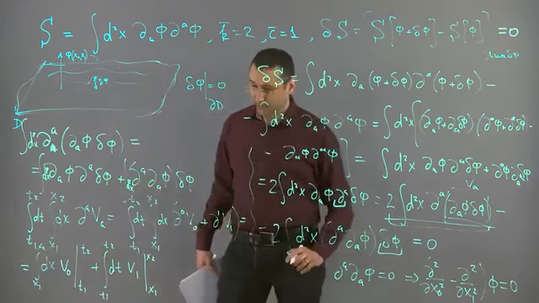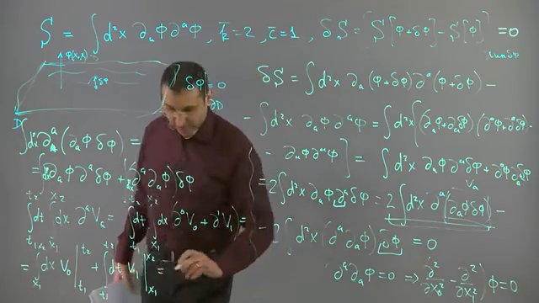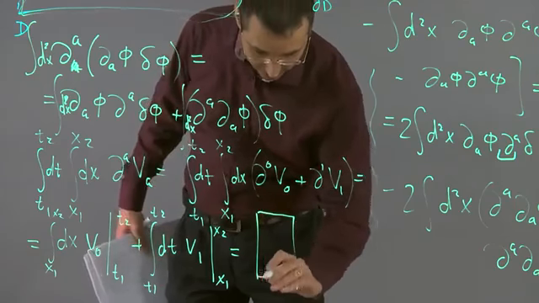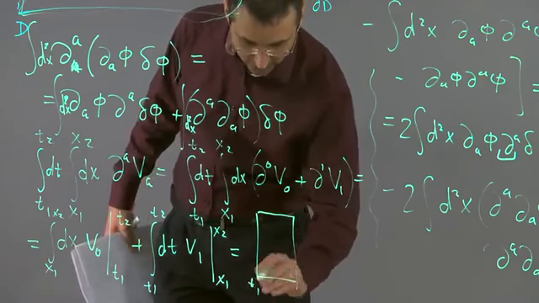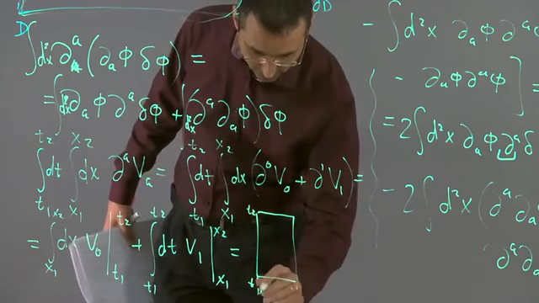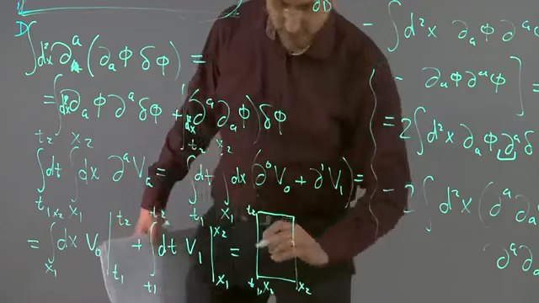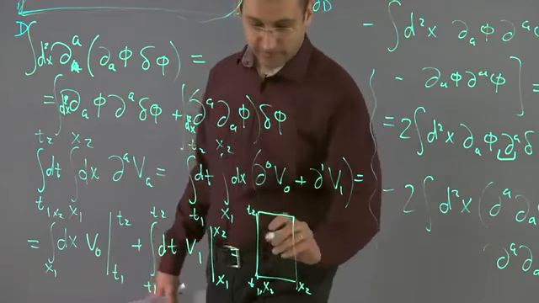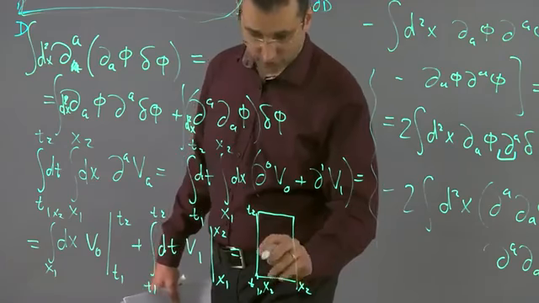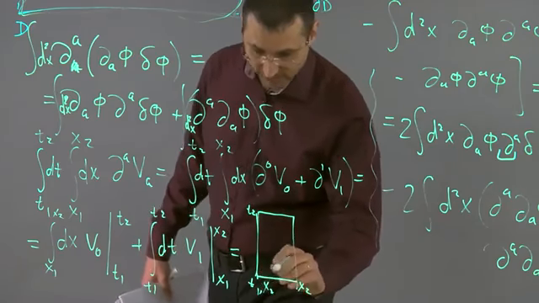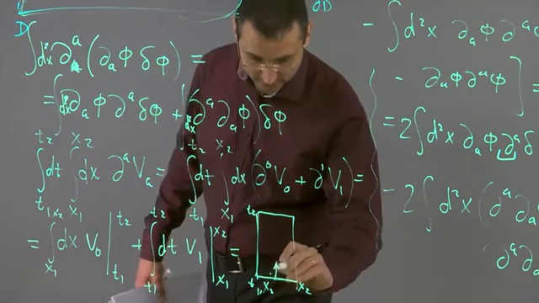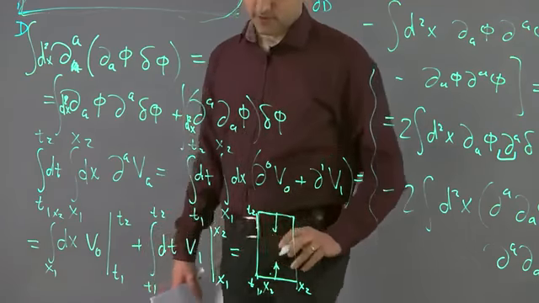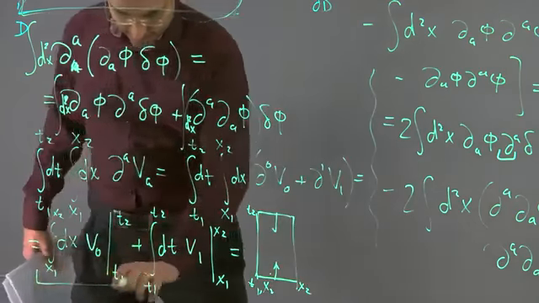So what do we obtain? We obtain geometrically the following situation. We have a rectangle from t1 to t2 and x1 to x2. So we have integral over this side of v0, minus this side over v0. This is the first thing.